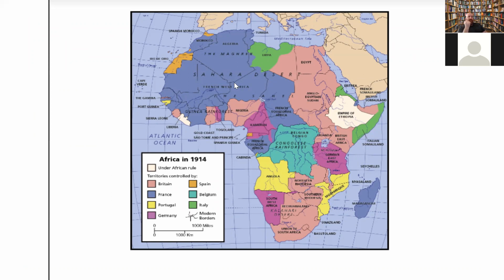They are drawing lines that have no regard for past history of who's in control, who's been in control, whose land it is, languages, different cultures. And like I said, there's thousands of languages, thousands of cultures on the African continent, and they have no regard for that. So they put people together that don't get along.